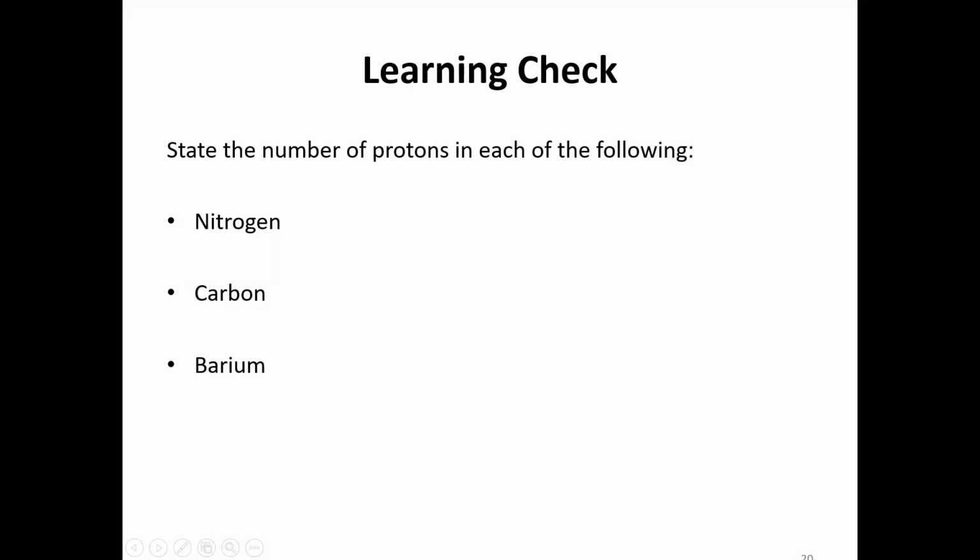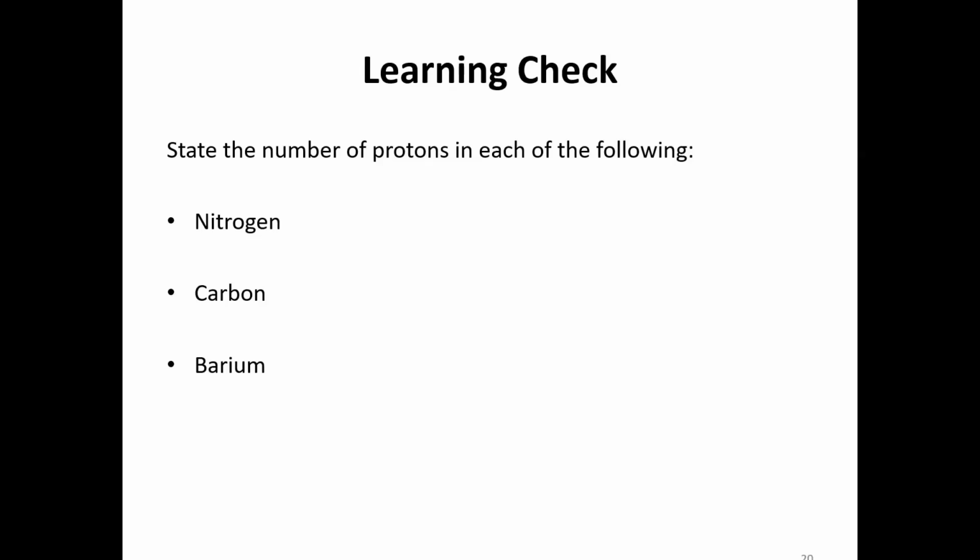So let's go on to a learning check. What I want to do now is, hopefully you have your periodic table available. If not, now would be the time to grab one. I want you to state the number of protons in each of the following. And remember, the protons are the atomic number, the number that comes above the symbol in the periodic table. So the first one is nitrogen. Its symbol is N, and it has a total of 7 protons.